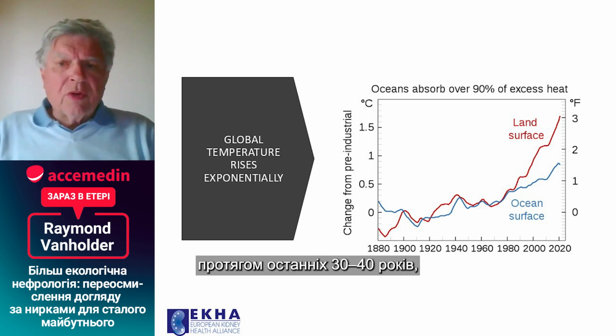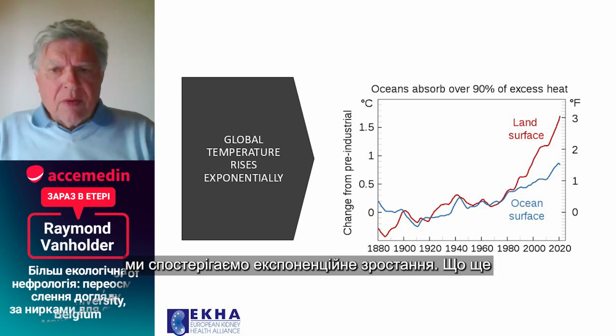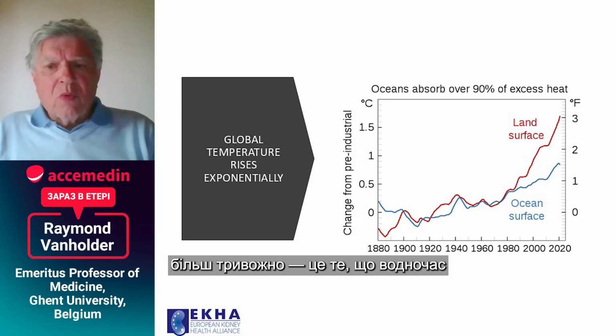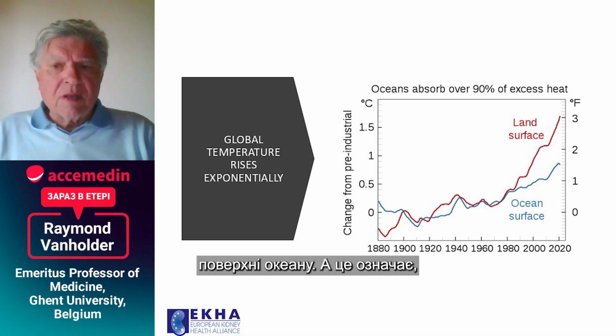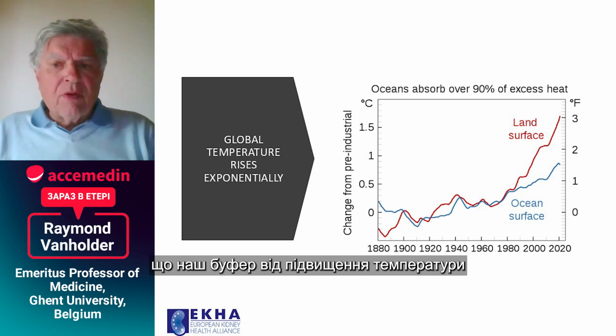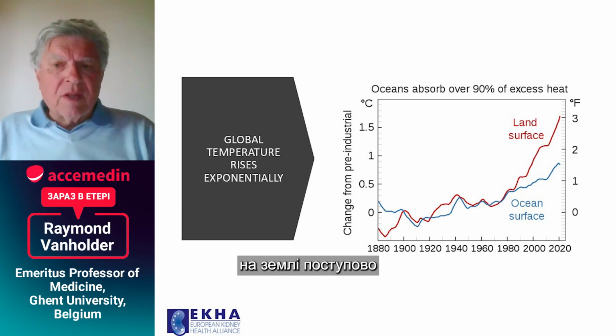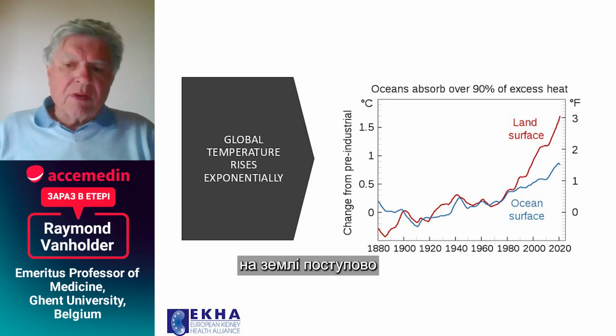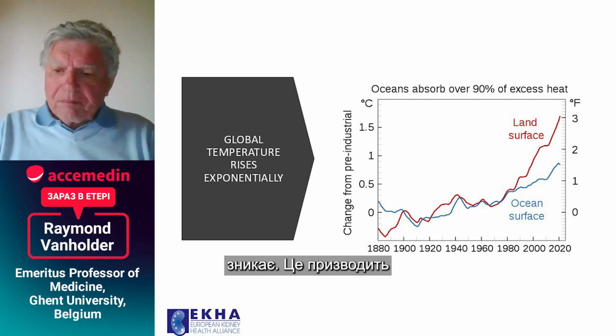But now, over the last 30 or 40 years, there is an exponential rise. What is even more worrisome is that at the same time, in blue, the ocean surface temperature is also rising. That means that our buffer against an increase of land surface temperature is gradually disappearing.